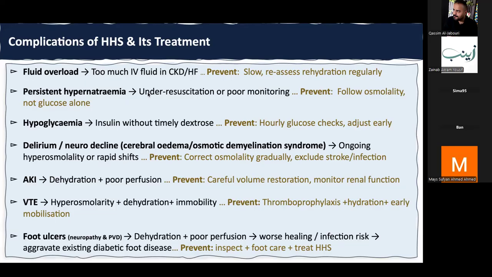There is a risk of neurological complications when you lead to rapid change in osmolality, and risk of AKI that happens from HHS. You can reverse it with adequate fluid resuscitation. There is also risk of VTE, which we talked about already, and foot ulcers, which we already mentioned.